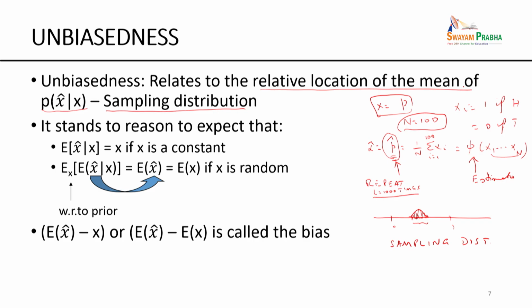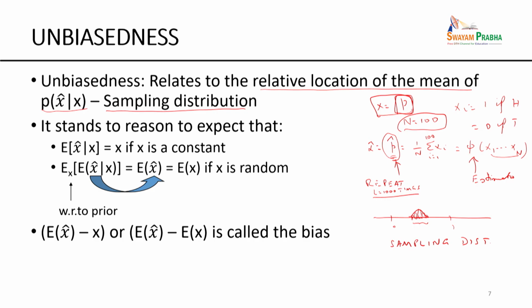I hope you got the idea now. So it stands to reason to expect that the unknown p must be the mean of the sampling distribution. That means all the variations in p hat are going to be distributed around the actual unknown p.